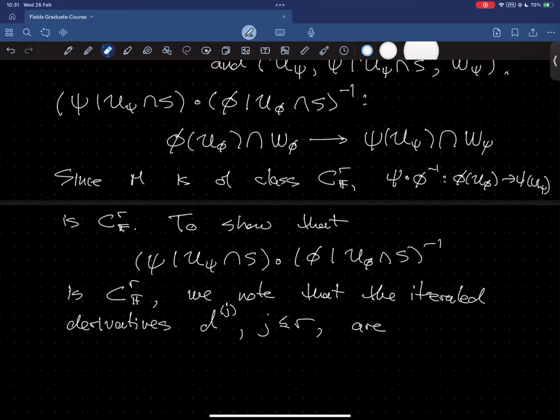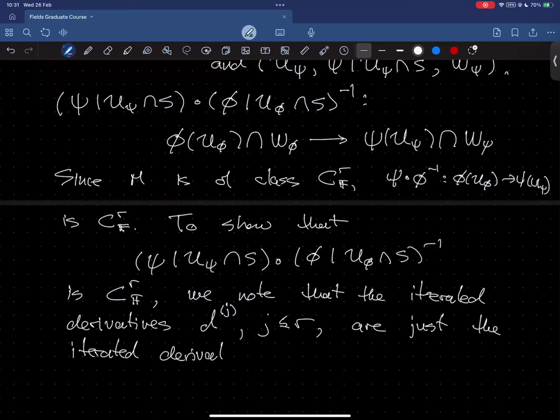So let me maybe say it this way. We note that the iterated derivatives DJ are just the iterated derivatives for the full overlap map, but restricted to curves.